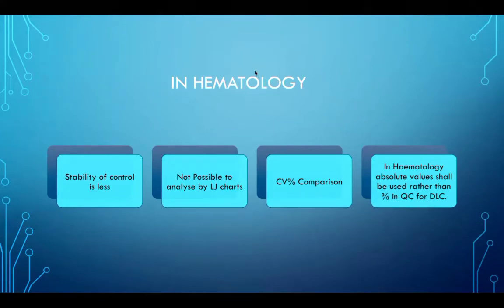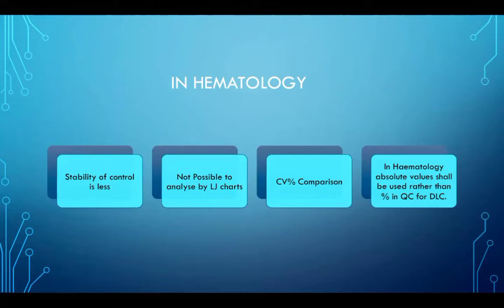Everybody is facing problems related to hematology control all across the globe. The problem is that the stability of the controls is very less, 14 days or 21 days. Suppose the lot is changing after 21 days, then we cannot use the mean or SD which we have calculated earlier.